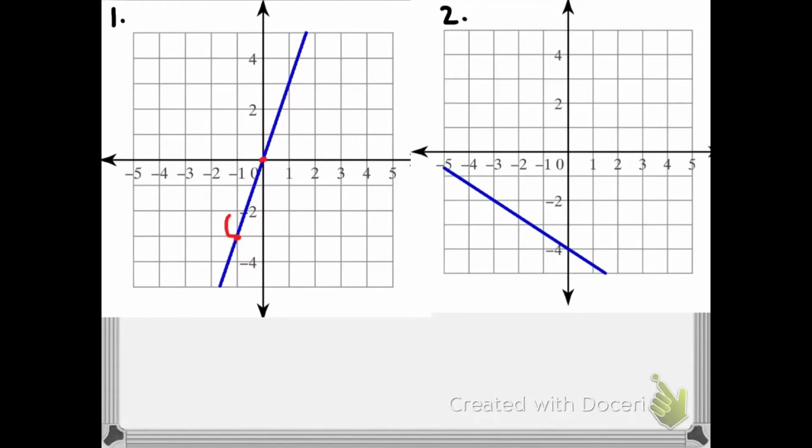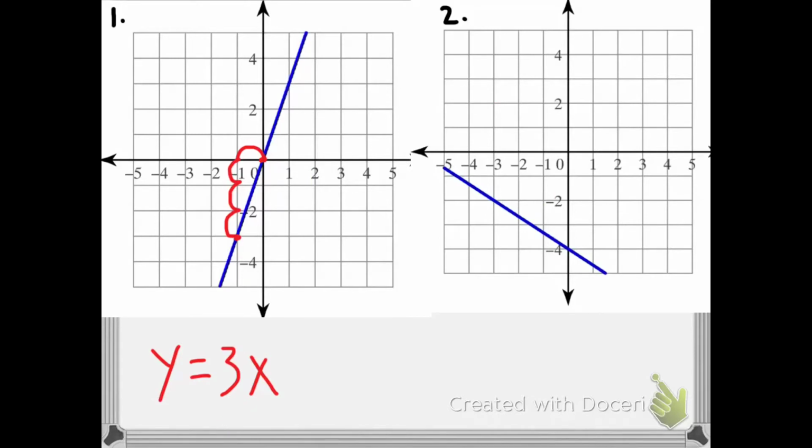So 1, 2, 3, 1. So basically our slope is 3x, because you don't have to write 3 over 1 because you know it's 3.